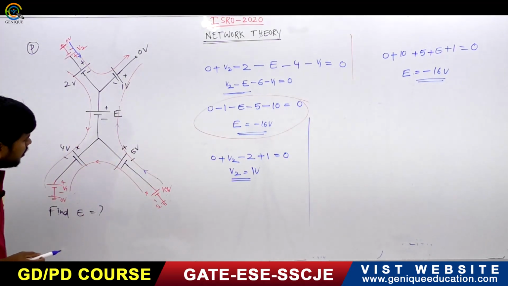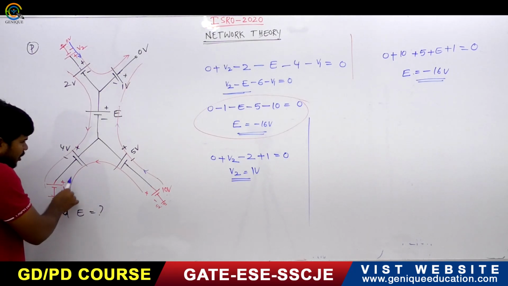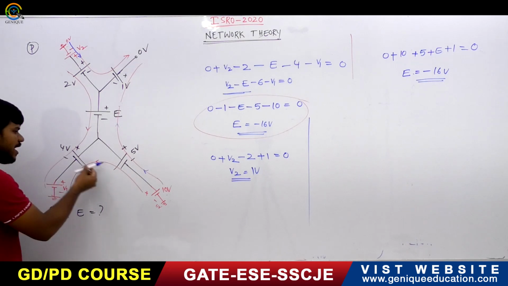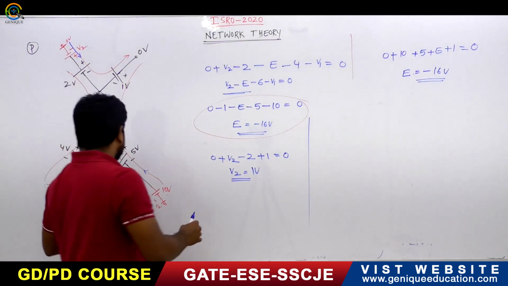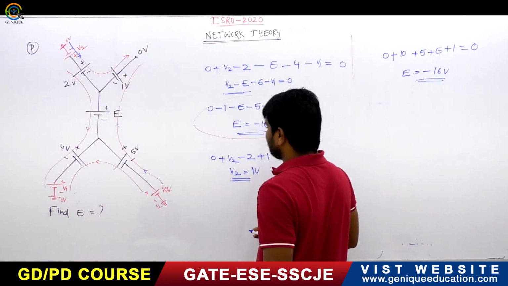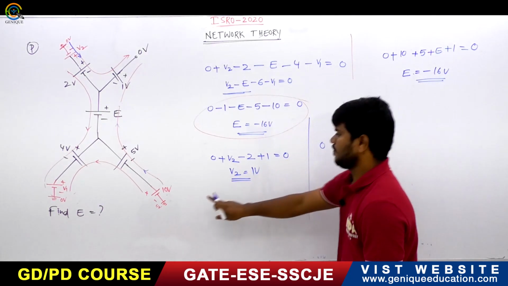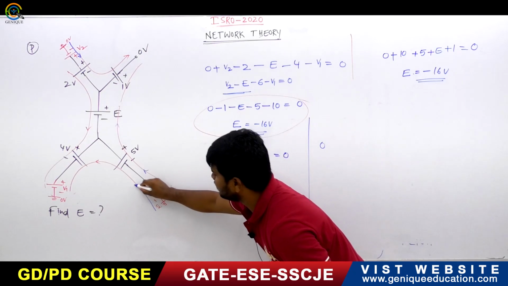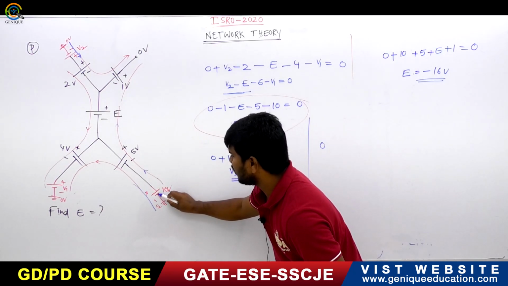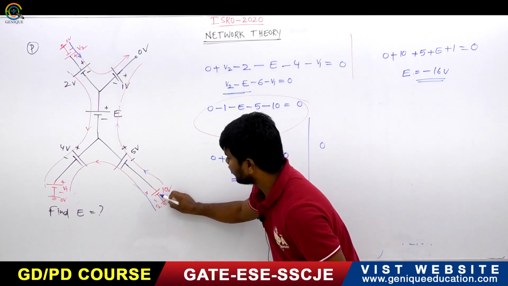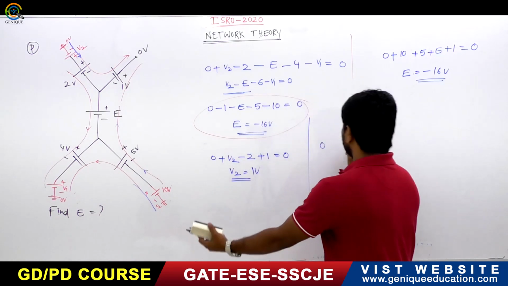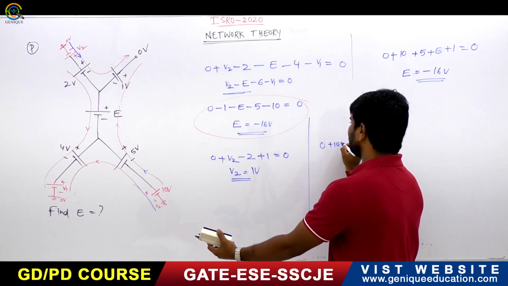Now, how can you find V1? You have to choose this loop or this loop. You can go this way or this way, no problem. Suppose you go this way. It is 0, because the current is coming in this direction. First, the negative terminal is meeting, so you have to take plus 10 volts.